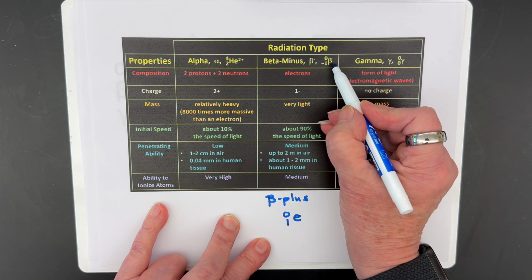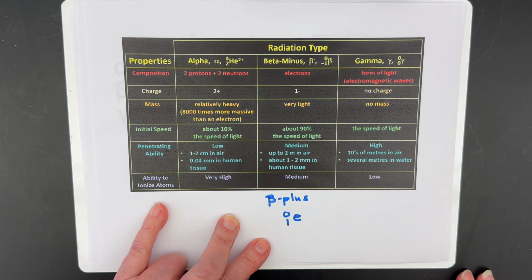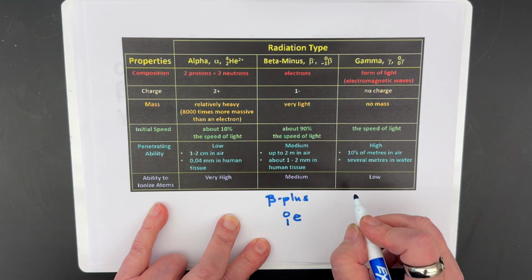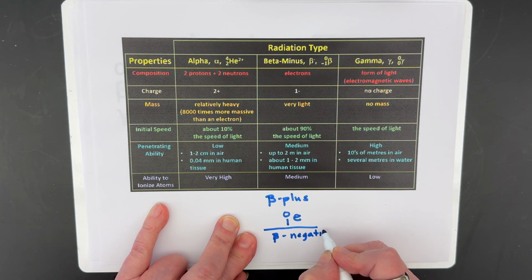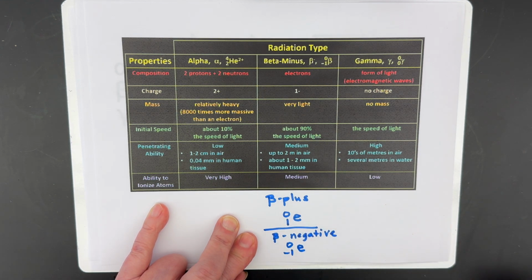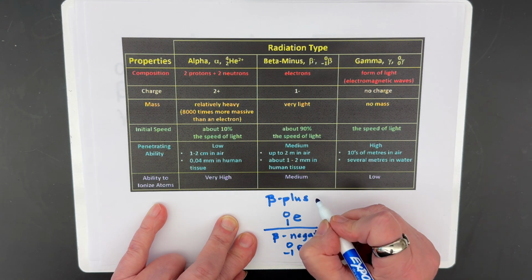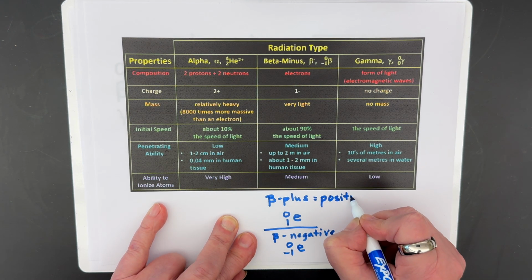I know up here it shows a beta particle, but that's not generally the way that we show those. And our beta negative, or beta minus, would be 0, -1 e because it's an electron. Beta plus is the same as positron emission.